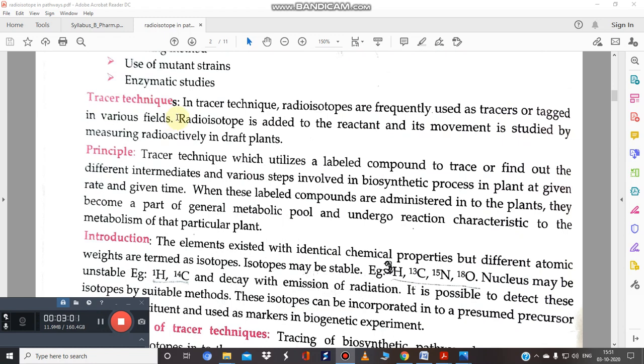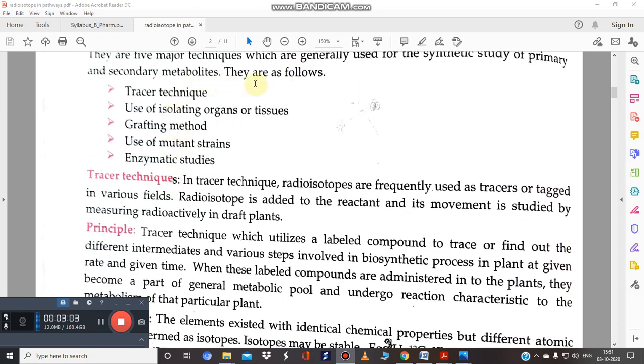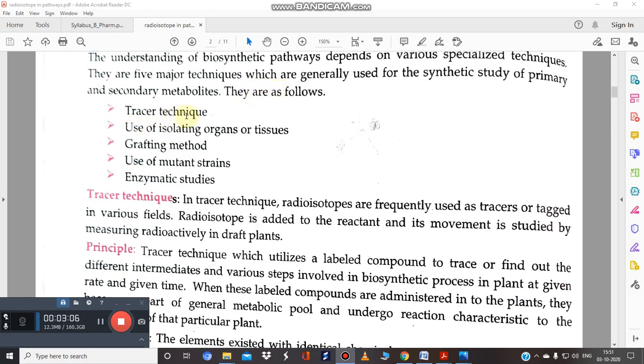Yes, we generally follow the tracer technique. So what is this tracer technique? Radioisotopes are frequently used as tracers because they are used in trace amounts, in very small amounts, or tagged in various fields.